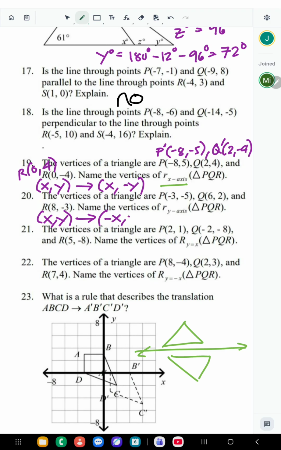This would become negative x, y. So point P prime would become 3, negative 5. Q would become negative 6, 2. And then R would become negative 8, negative 3.